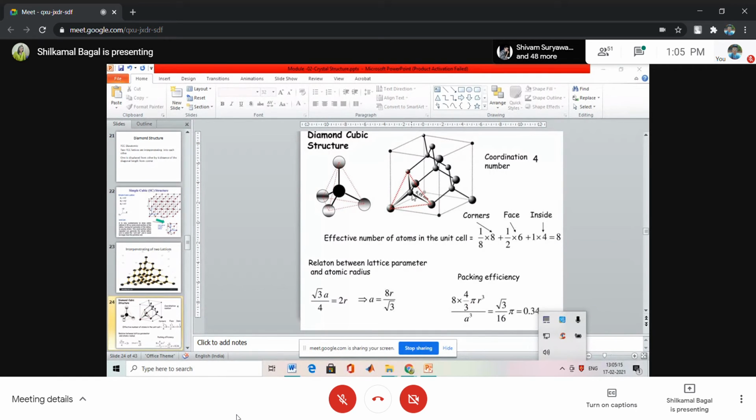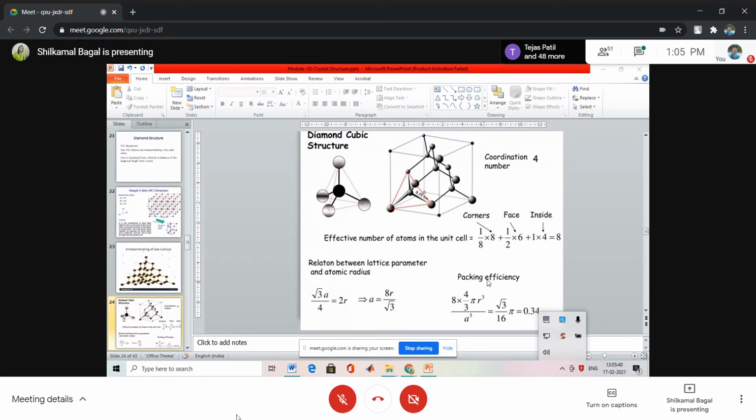And so the distance between these two atoms, that is 2R, will be nothing but 1/4 of the total diagonal length, meaning A root 3 by 4, correct? And so A is nothing but 8R by root 3. So this is the relation between lattice constant and atomic radius in the case of diamond structure.